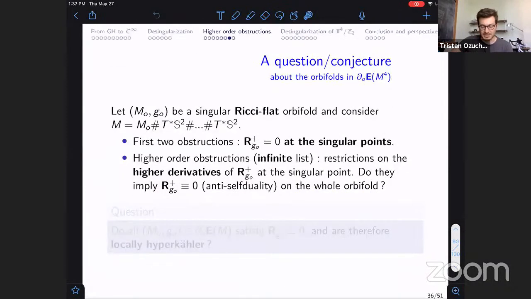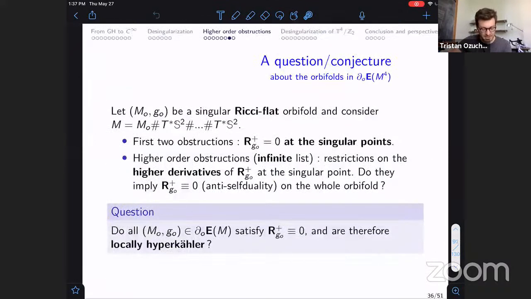So now the question is, do all of these infinite lists of higher derivative obstructions tell you that the whole curvature has to be anti-self-dual on the whole manifold? Because if every derivative vanishes at the singular point, then it has to vanish everywhere by analyticity. And so that's my question.